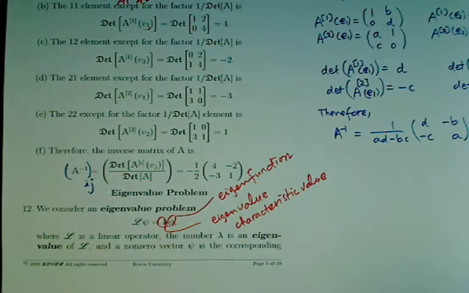And if we consider the matrix representation of the operator, or we can also directly deal with the operator, as long as that operator is Hermitian or real symmetric, the eigenvalues of that operator are all real. And in addition, if two states have different eigenvalues, they are orthogonal.